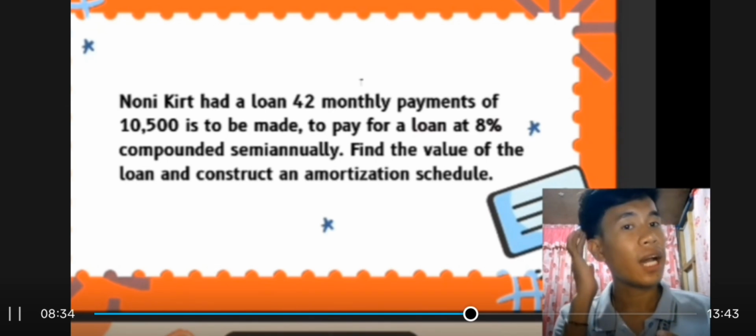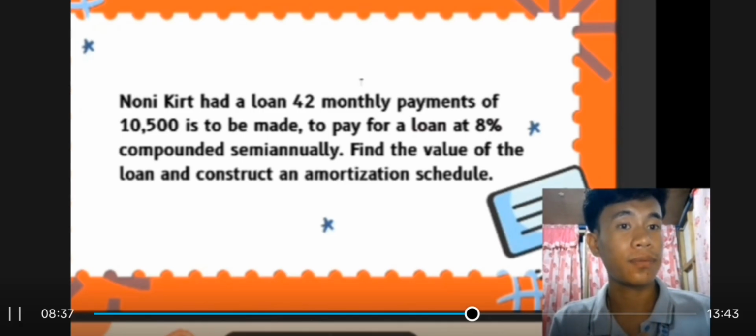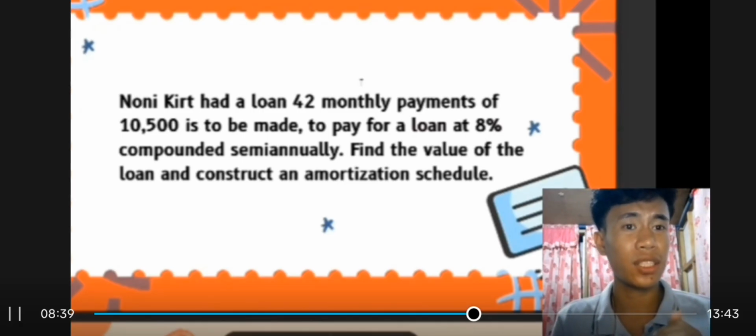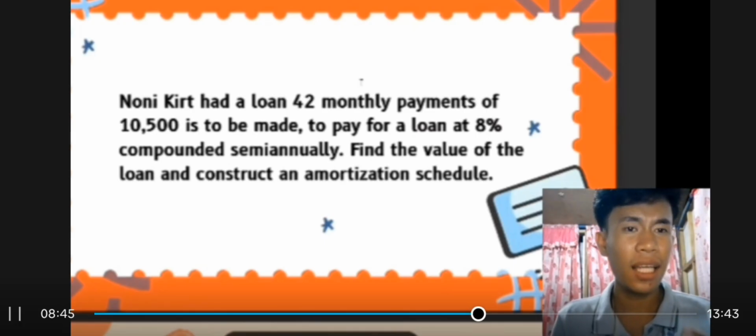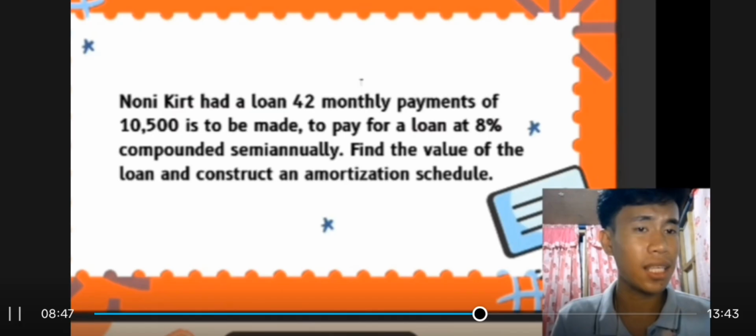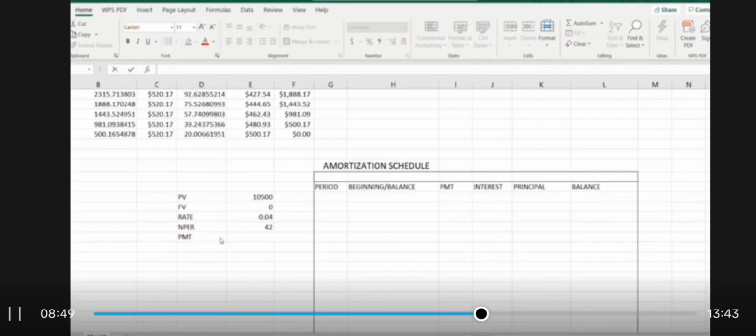So first, for you to construct an amortization schedule, you must find what is given and analyze the problem. Calculate for the PMT, or the payment. You just simply put equals, type PMT, open parentheses, select the rate, comma, enter, comma.